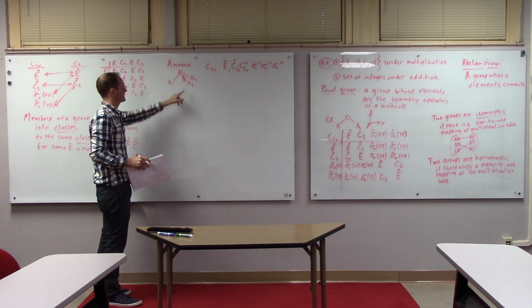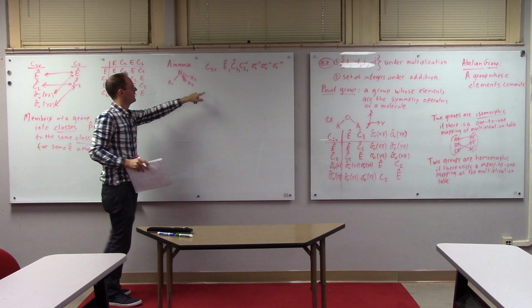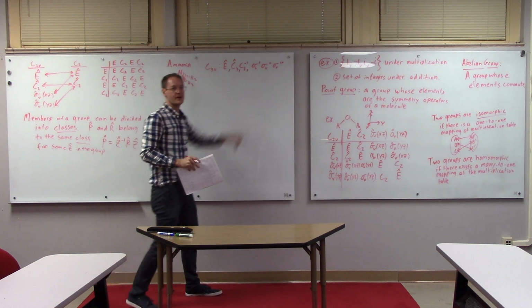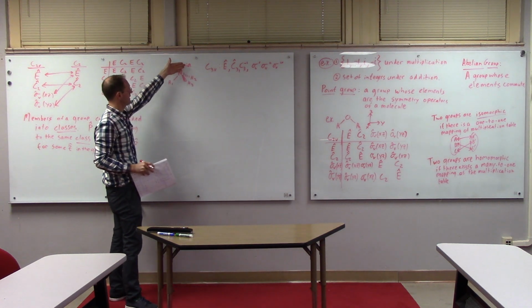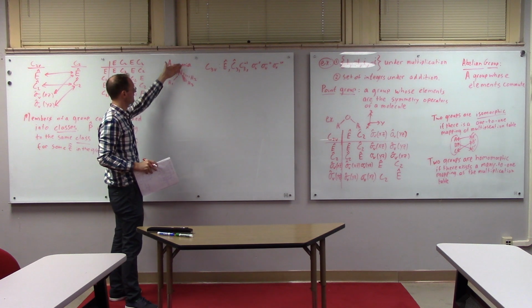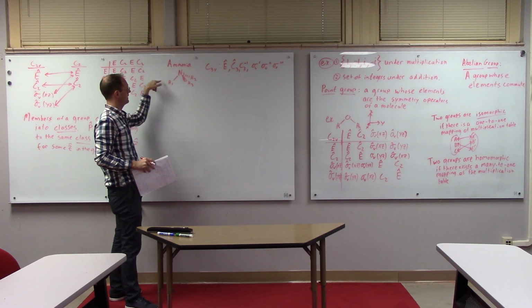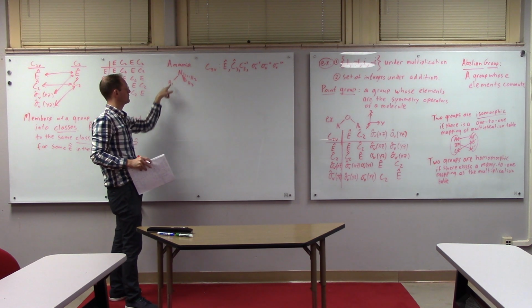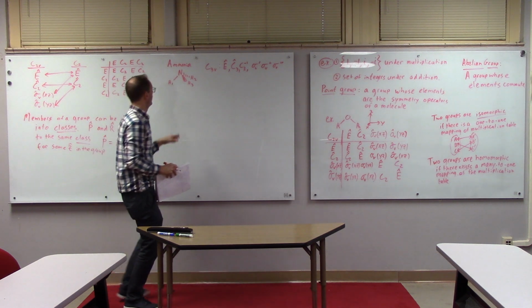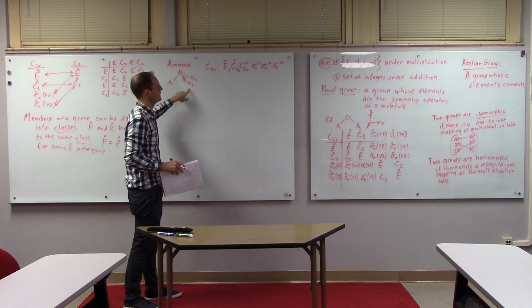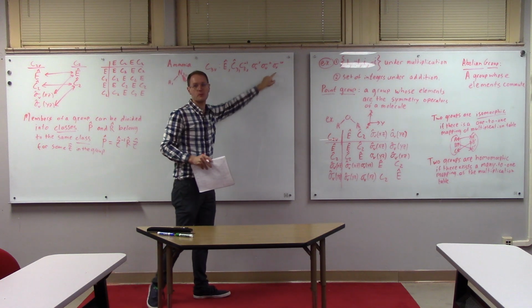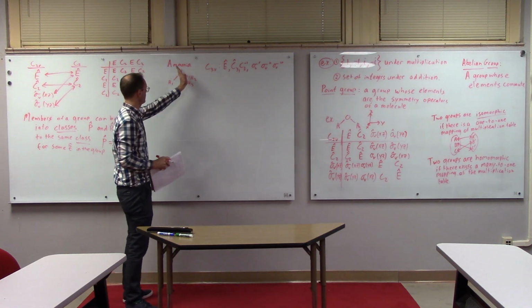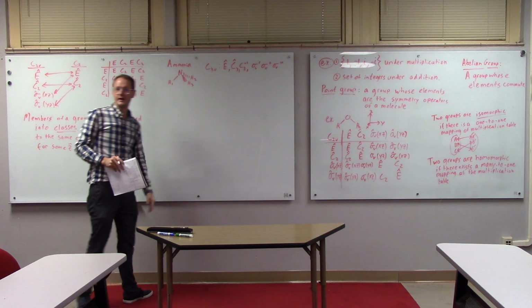That would reflect H3 onto H2. Sigma V double prime reflects in a plane containing the NH2 bond and bisecting the H1 N H3 bond angle. That would exchange H1 with H3. And then sigma V triple prime would be in a plane containing the NH3 bond.